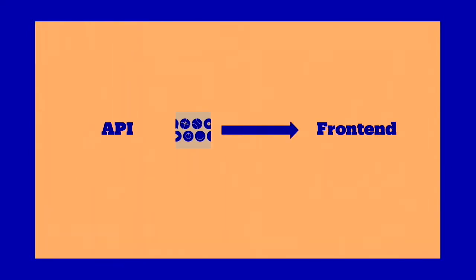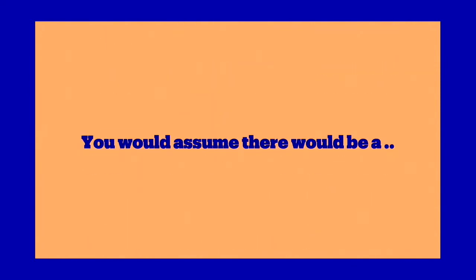So how do we get from API to the front end? Normally you would assume there will be a thing, let's say a REST API, where you can send a GET request to and say, hey, I want the latest order totals, and you get it back. But since we have the goal of keeping it within the blink of an eye, we wanted streaming.